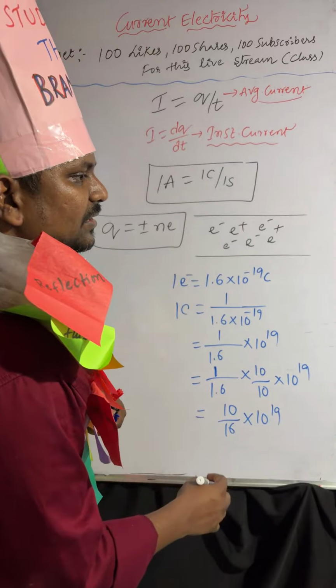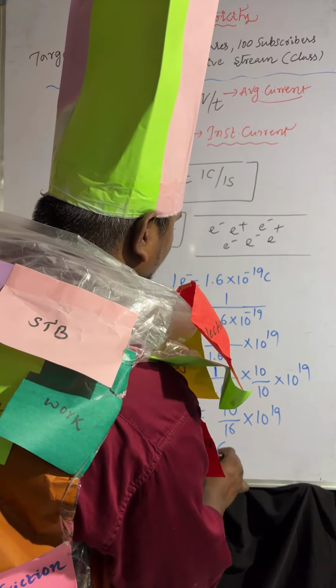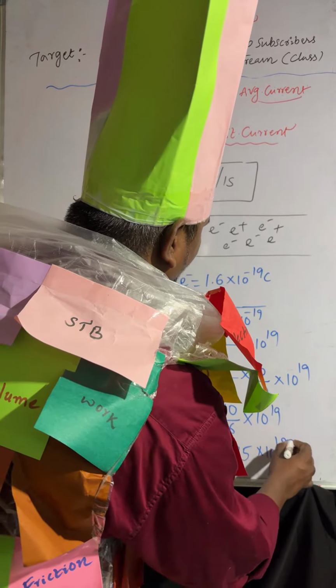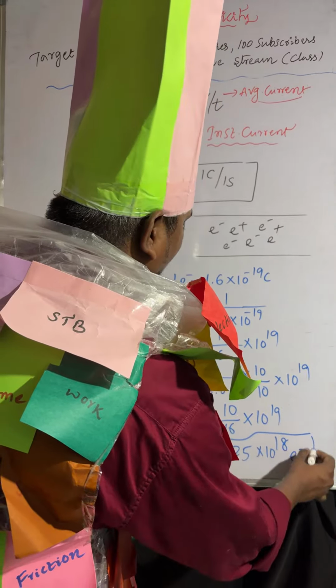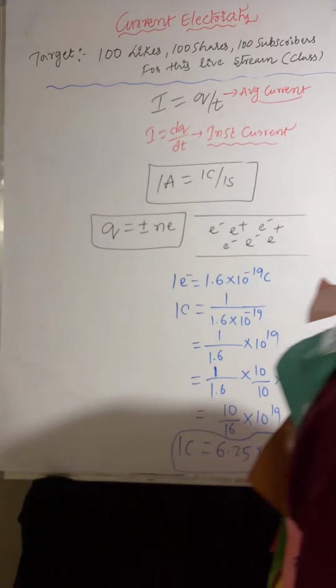If you do this, you'll get 1 coulomb equal to 6.25 into 10 power 18 electrons. Is it clear or not?